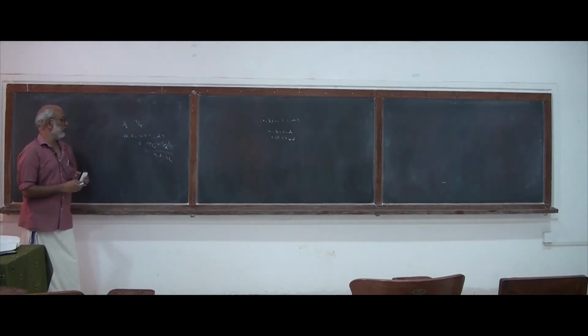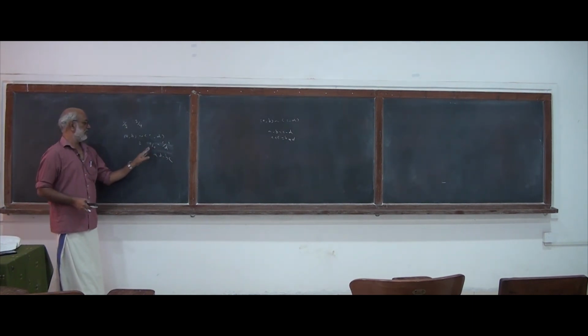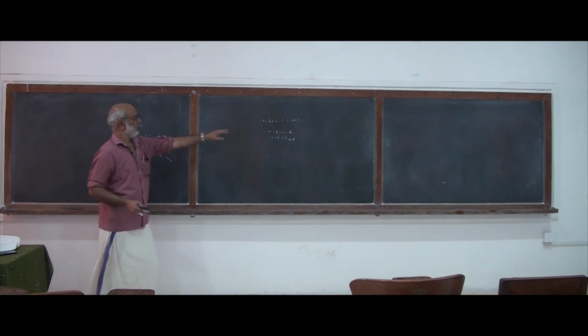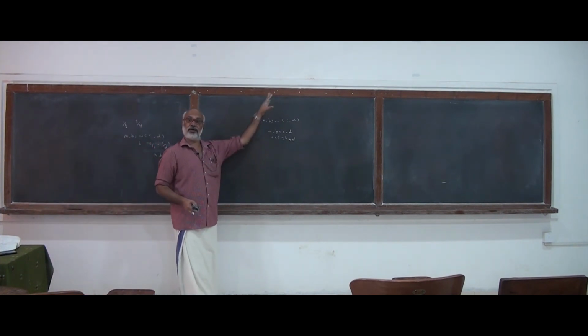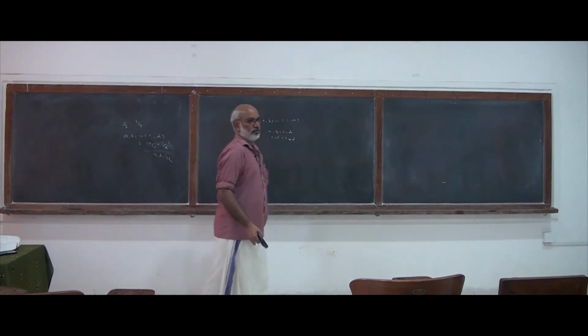In the construction of rational numbers out of integers, we have to use this equivalence relation, that the ordered pairs (A, B) and (C, D) are related if AD is equal to BC. Whereas when we construct integers out of non-negative integers, you have to use the other equivalence relation.